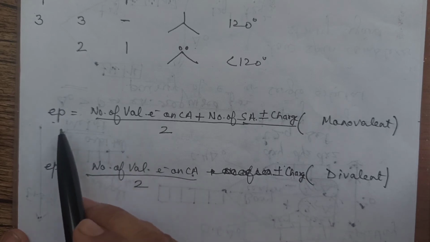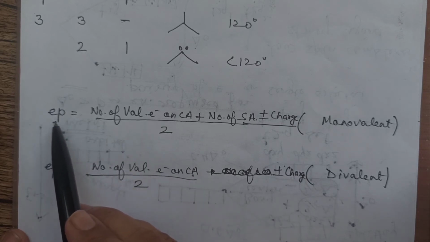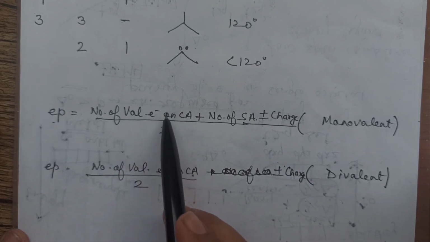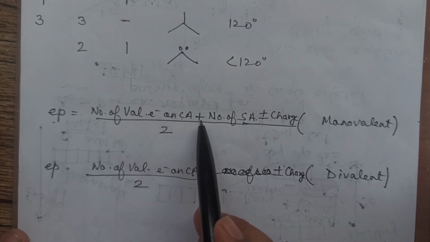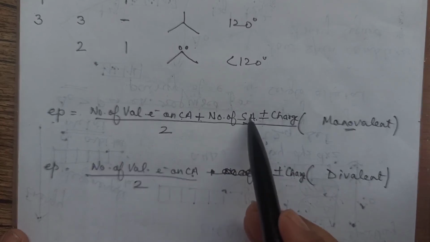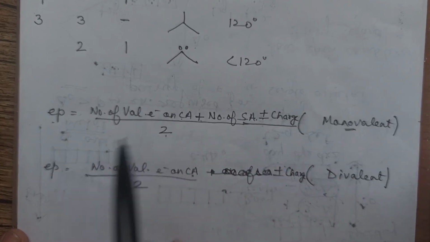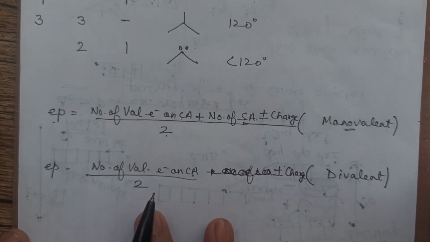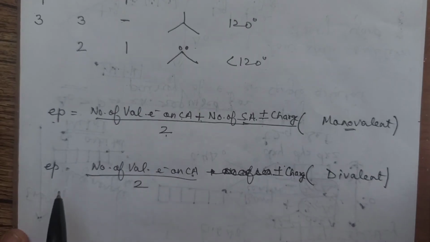So what is the formula, children? Electron pairs you are calculating: number of valence electrons in the central atom plus, if the surrounding atom is monovalent, the number of surrounding atoms, plus or minus charge, divided by 2. Just learn the formula at present, then I will tell you how to apply it.